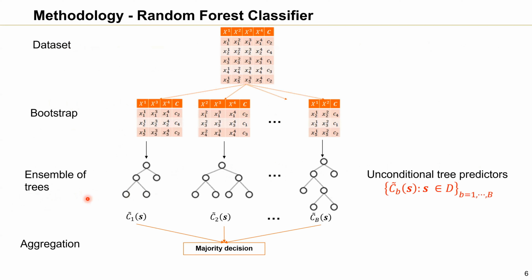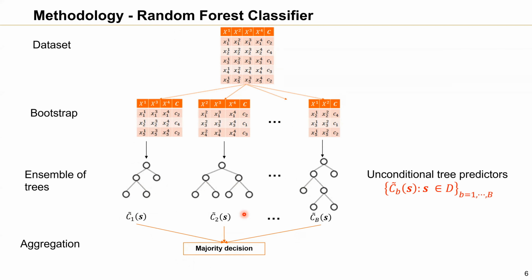So the starting point of this proposed approach is the traditional random forest classifier. The random forest classifier is just an ensemble method where several individual decision trees are trained on different subsets of the data using different subsets of the predictor variables, followed by an aggregation, which could be, for example, the majority vote.